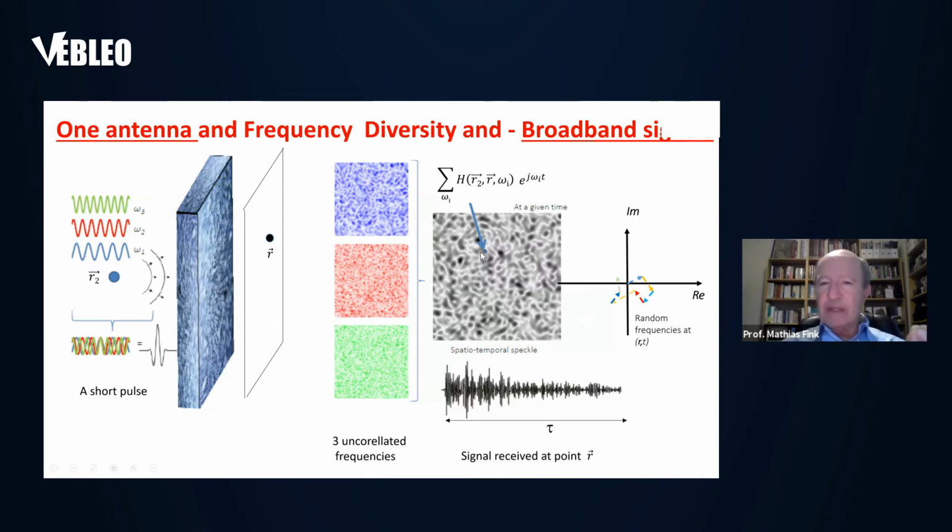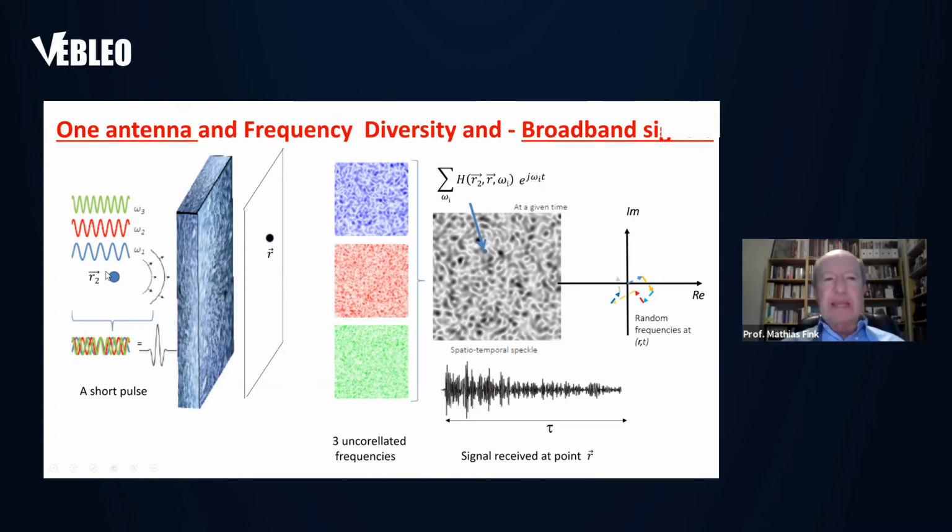When you add all these sinusoidal signals with random phase, it is a signal which is spread in time. The time can be very long, and it is due to the multipath in the medium. And this time is very important because it tells you the reverberation time in your medium.